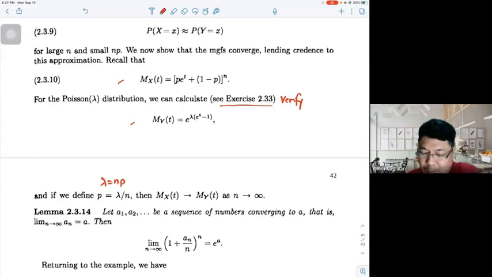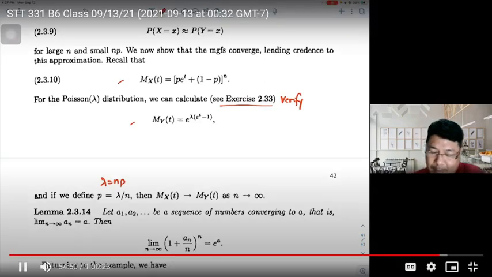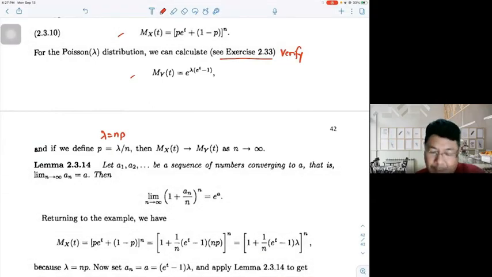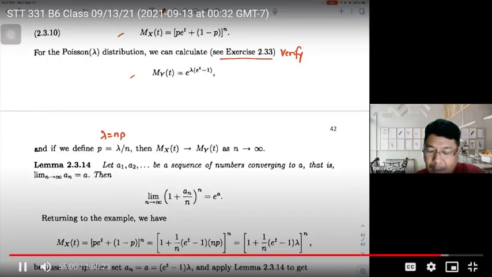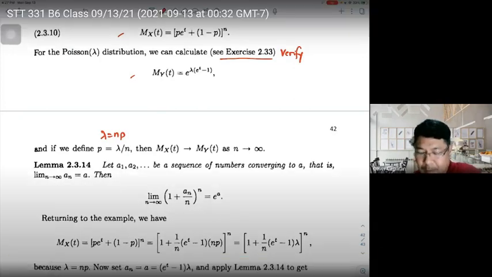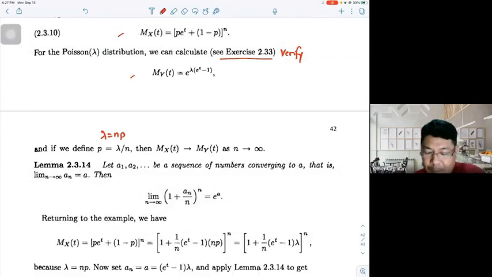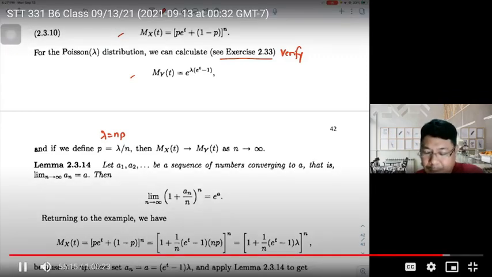So to show this, we're going to use this lemma 2.3.14. So let me read first lemma 2.3.14. Let a sub 1, a sub 2, and so on and so forth be a sequence of numbers converging to a. So that is the limit of a sub n as n approaches infinity will be equal to a. So by definition, a sequence of numbers converging to a, pointwise convergence.